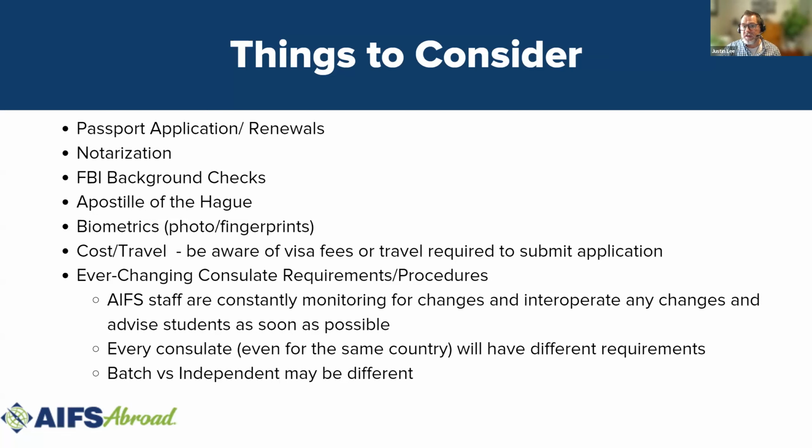There can also be variations of requirements between a single semester visa and a full year visa. For example, for my Spain visas for full years, they are required to provide an FBI background check, but then that also needs to be sent to the U.S. State Department for an apostille, which is essentially an international notary.